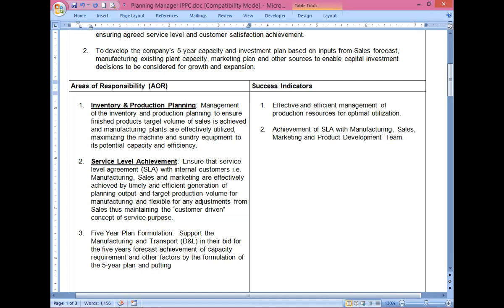And putting in place system that will, let me think, what should I write? Okay. That will make, there should be a system, right?